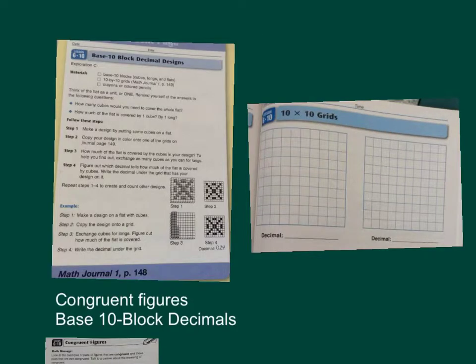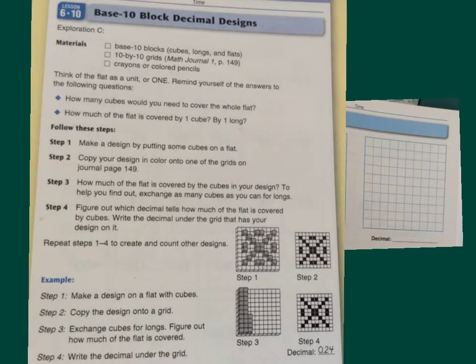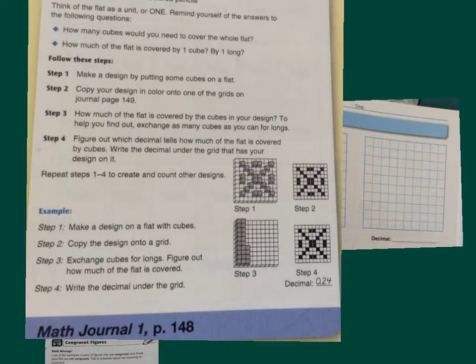The second thing we're going to talk about is the base 10 block decimal designs. Now you'll see this page from your math journal, page 148. Now we don't have base 10 blocks at home, so we're just going to imagine what it would be like. Okay? So if we follow step 1, make a design by putting some cubes on the flat.